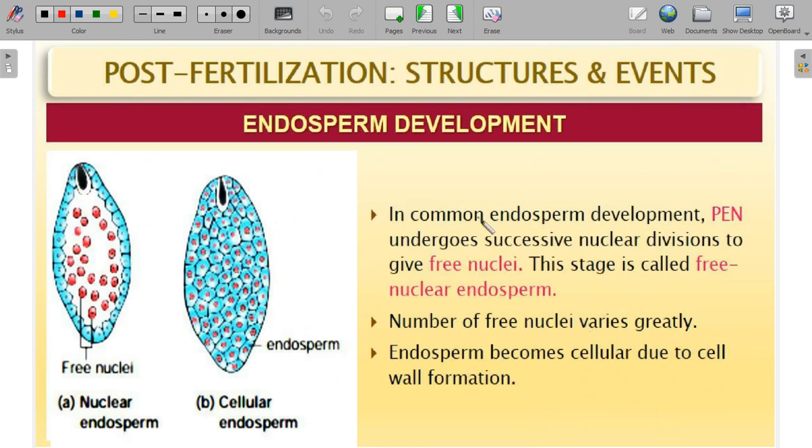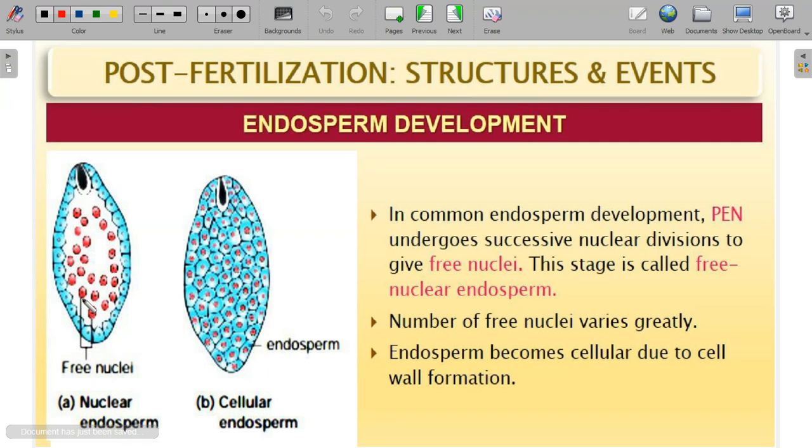Now the next concept, in common endosperm development, the primary endosperm nucleus undergoes successive nuclear division to form free nuclear endosperm. That means in free nuclear endosperm, karyokinesis alone is taking place. Cytokinesis is not taking place in free nuclear endosperm.